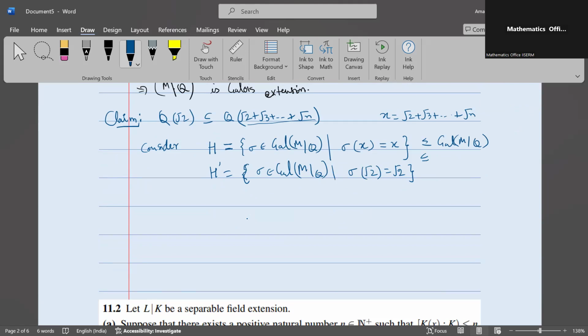Good. This is also a subgroup of the Galois group. And any sigma, how is sigma defined? Sigma is defined on the root Pi's to go to plus or minus root Pi.